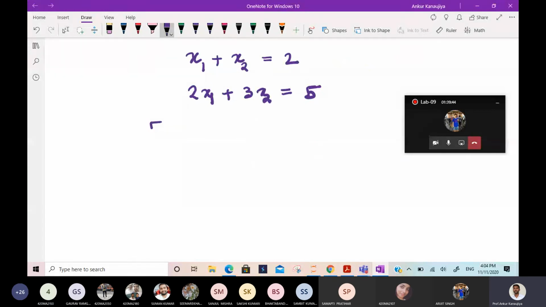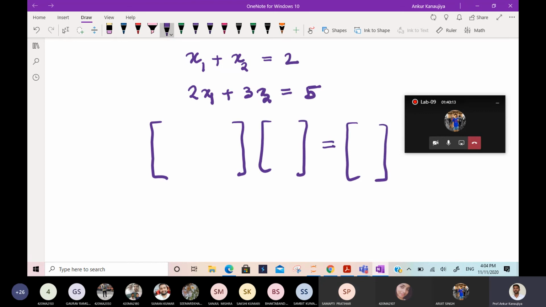Now I will write it in matrix form. If you interchange the rows, the solution will not change. Row interchange means writing 2x1 plus 3x2 equal to 5 first, and then x1 plus x2. The system is the same, so row interchange has no effect, whatever order you write the equations in.